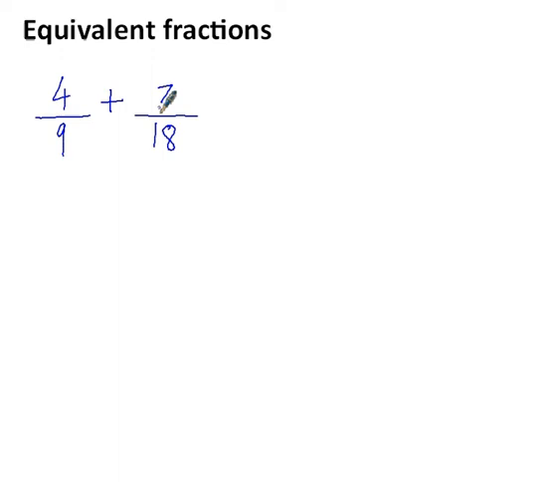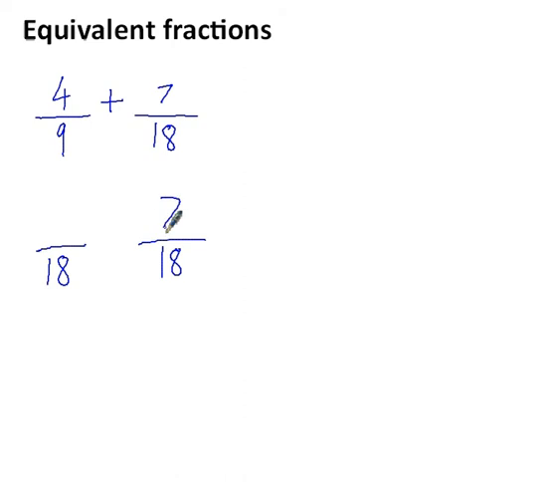Okay, now I'm going to find a common multiple. What number did these both go into? What times table are 9 and 18 both in? They're both in the 18 times table. So in which case, I'm going to change them so that they are both fractions written as 18ths.